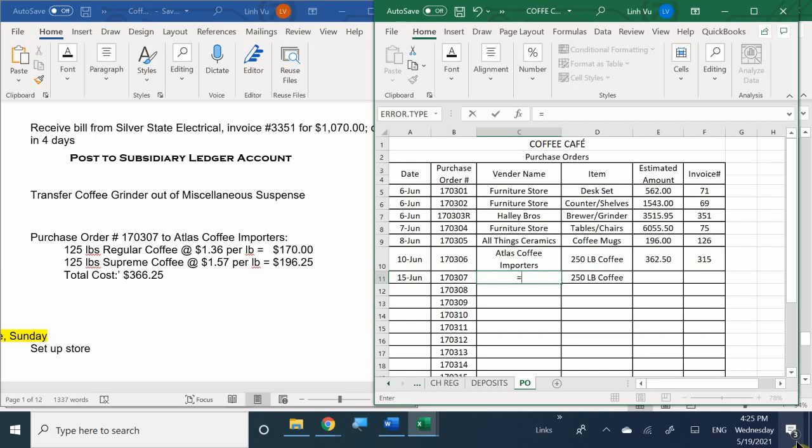If I find a discrepancy, such as I have 200 pounds of regular coffee and 50 pounds of Supreme coffee, then that's where I'll have a discrepancy. I'll have to call the vendor and say, hey, you shipped me too much of this coffee. But in this case, you will not see that ever happen. So it's up to you. But as long as I know when I receive my purchase orders, I should have 250 pounds of coffee.